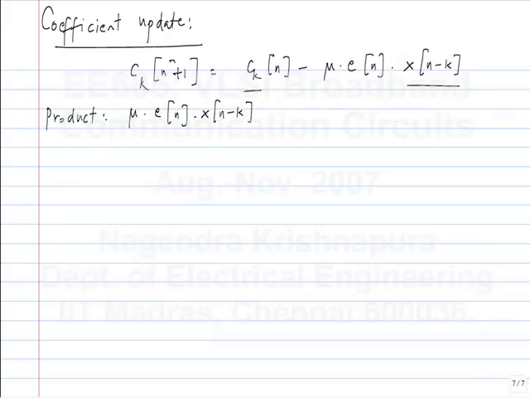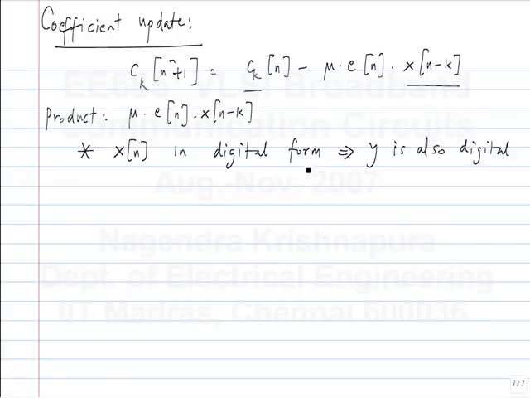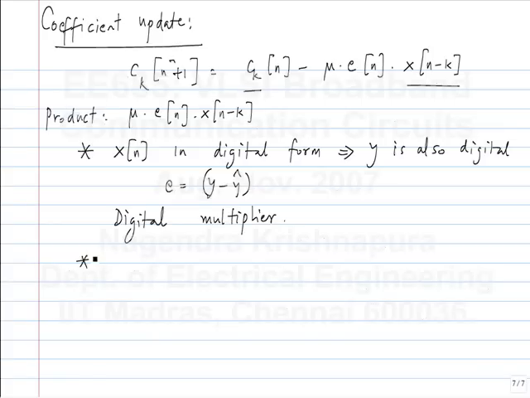So, if you already have the signal in digital form, that is fine. That is x of n in digital form. If x is in digital form, that means that y is also in digital form. So, basically y minus y hat will be some number and you multiply that by x, okay. So, basically you need a digital multiplier to do this.